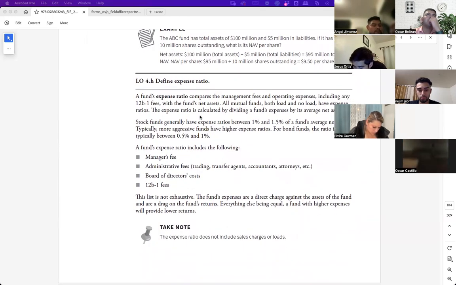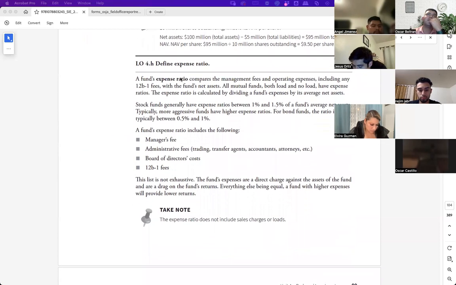And here it talks about expense ratios. It compares the management fees and operating expenses, including any 12b-1 fees, with the fund's net assets. All mutual funds, both load and no-load, have expense ratios, and each fund is going to be different. I'll give you an example right now.